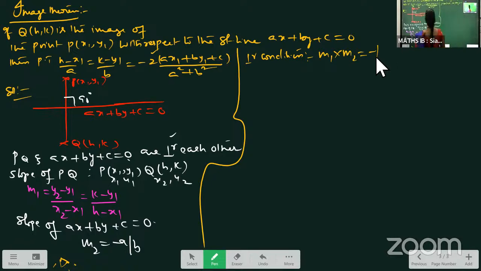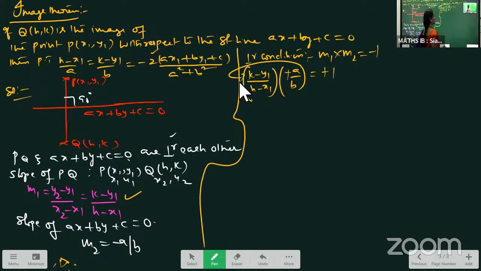Then here m1 value I got k minus y1 by h minus x1, into this is m2 value we got, minus a by b, is equal to minus 1. Then minus cancel. I told you bring this one to the front. Then a into k minus y1 and b bring it here. b into h minus x1 is equal to 1.